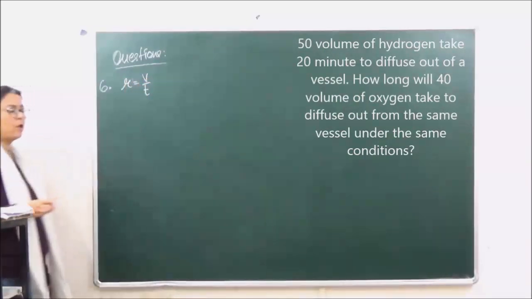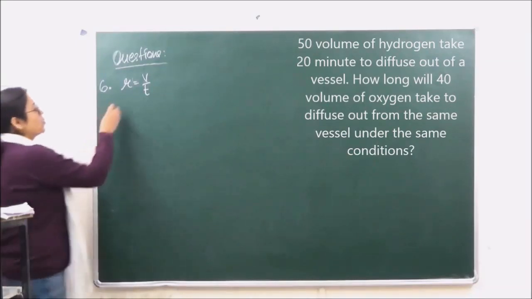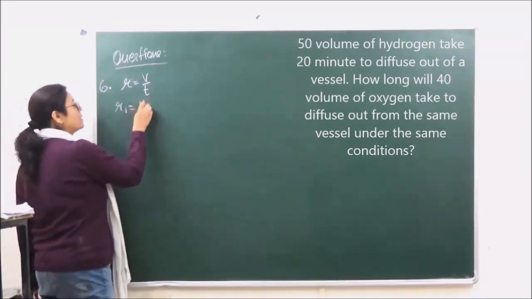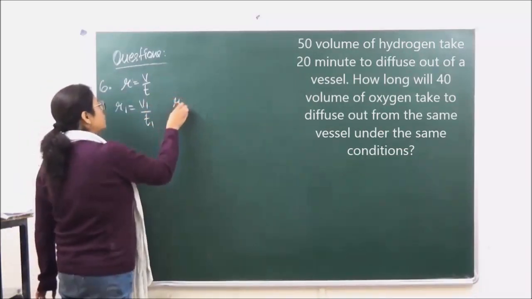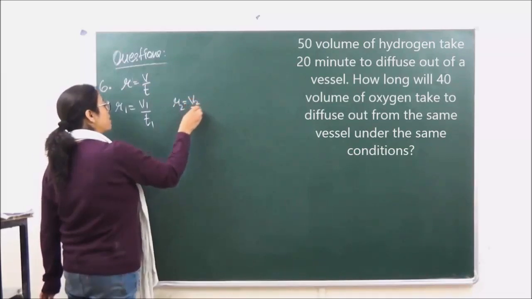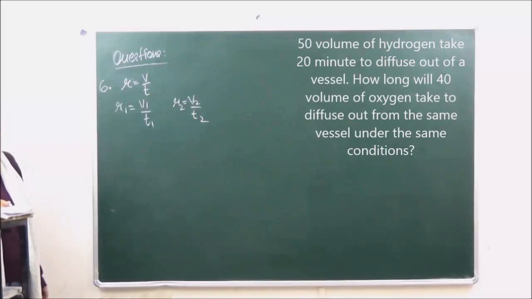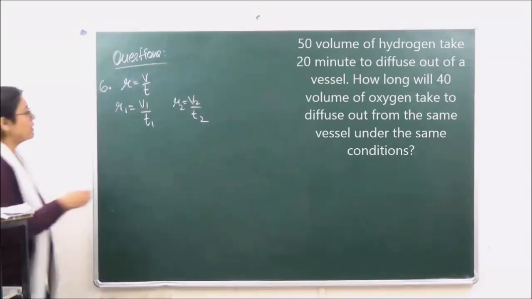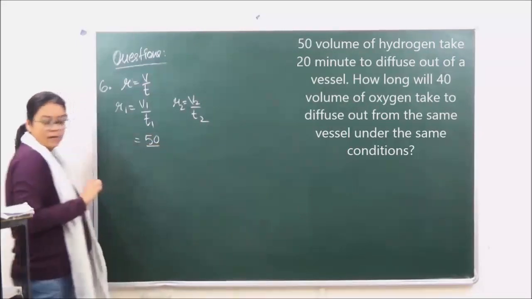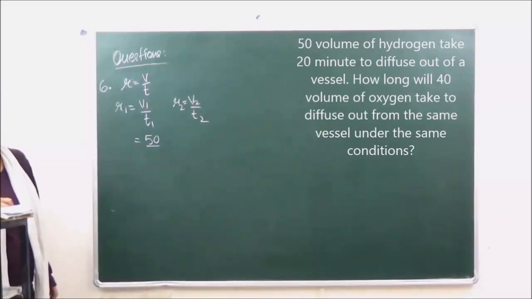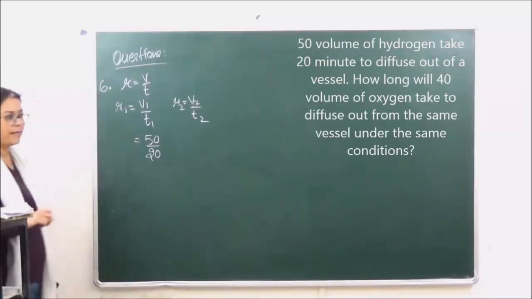rate is equal to V upon T, where V is the volume and T is the time. So what will R1 be? And what will R2 be? V2 upon T2. Right, so for R1 they have given us 50 volumes of hydrogen, taking 20 minutes to diffuse, so 50 upon 20.